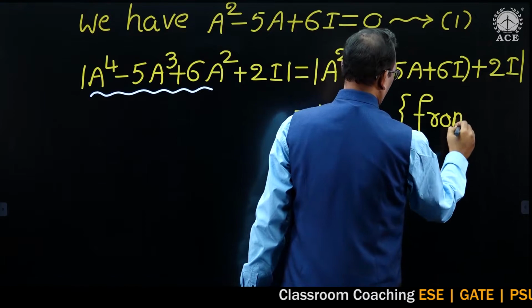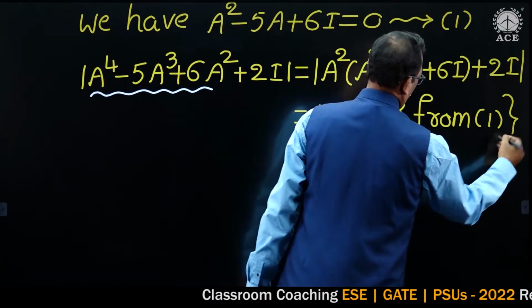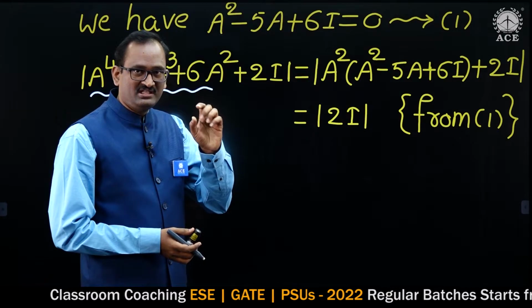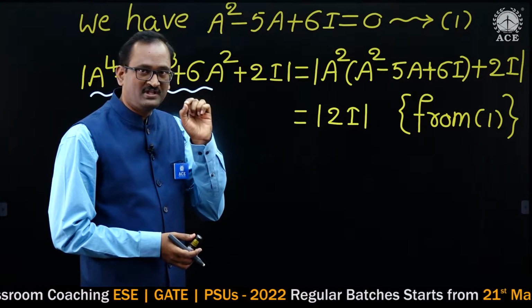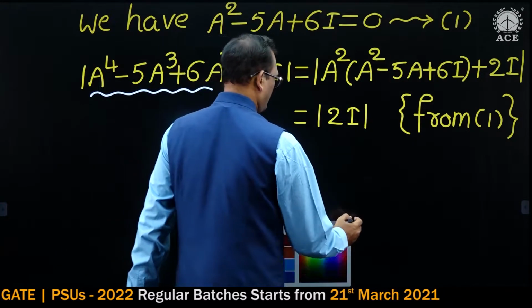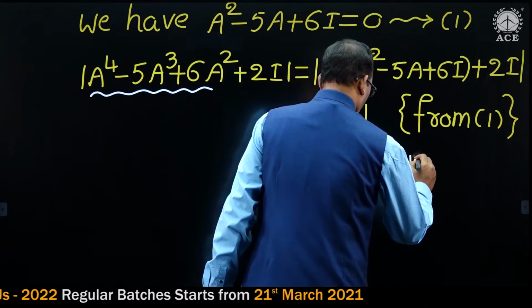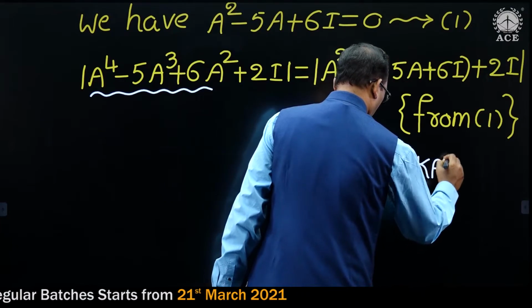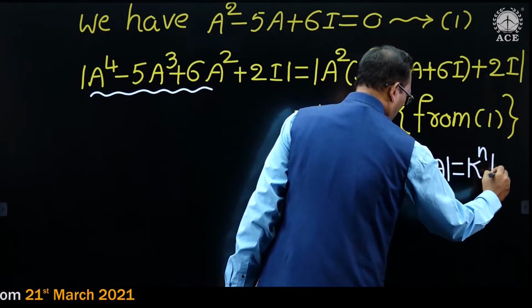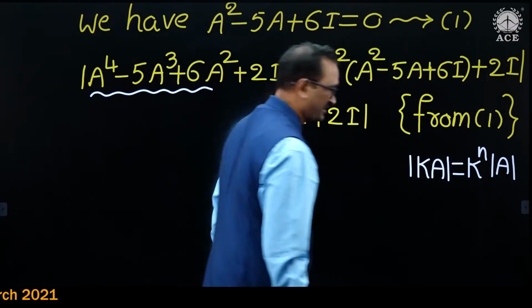Do you know determinant of kA is equal to k to the power of n into det A, where n is the order of the matrix?